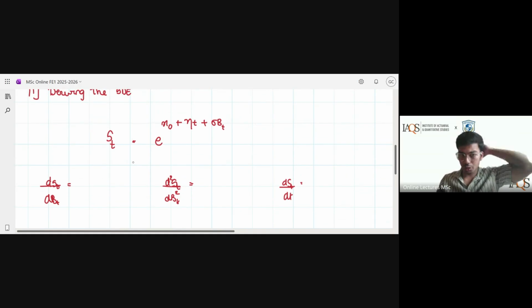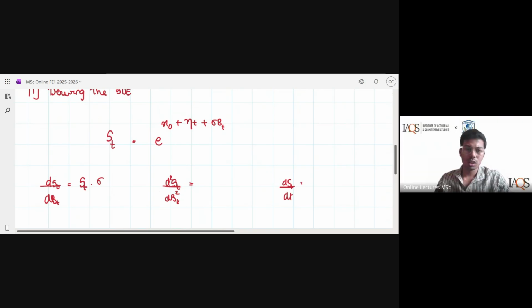First, let's calculate dHt by dBt. This will be St into sigma, as I am differentiating with respect to Bt. How did I do this? e raised to x will be e raised to x and then chain rule differentiation of the power. I'm differentiating with Bt, so this is constant. Sigma will come out. Comfortable over here, or do you all want me to write the step?